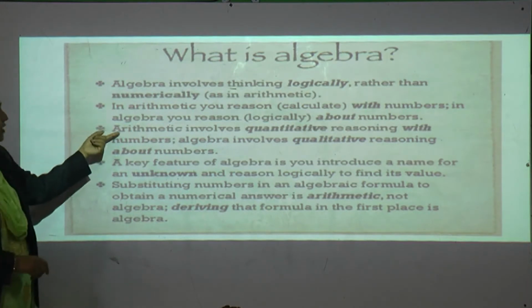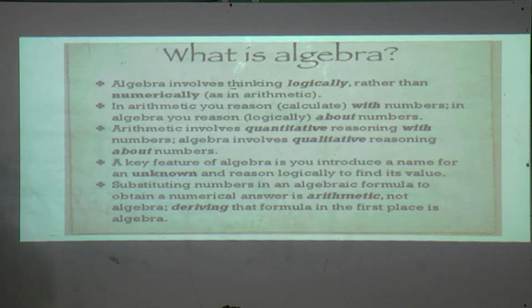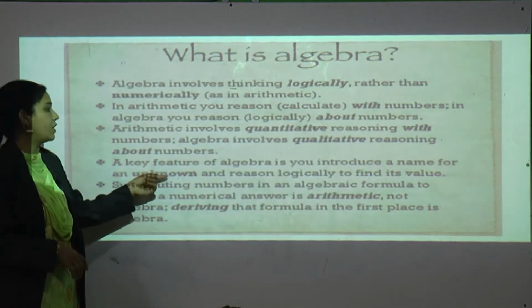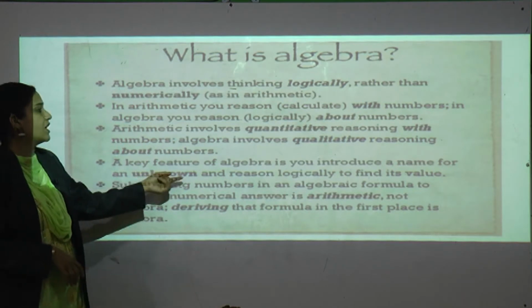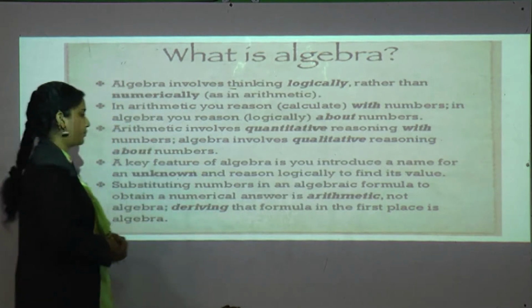Again, next one, arithmetic involves quantitative reasoning with numbers, but algebra involves qualitative reasoning about the numbers. Okay. A key feature of algebra is you introduce a name for an unknown. Okay, we find the unknown in algebra and reason logically to find its value.